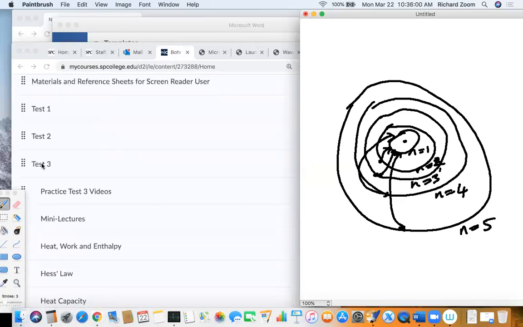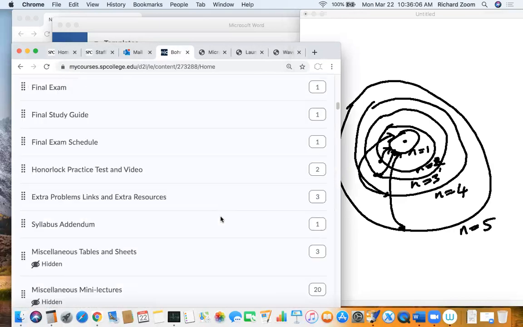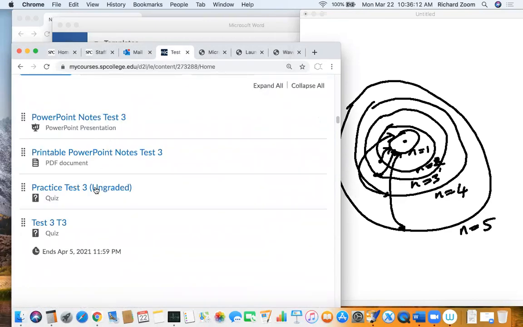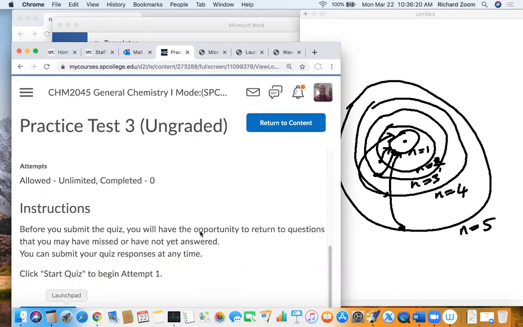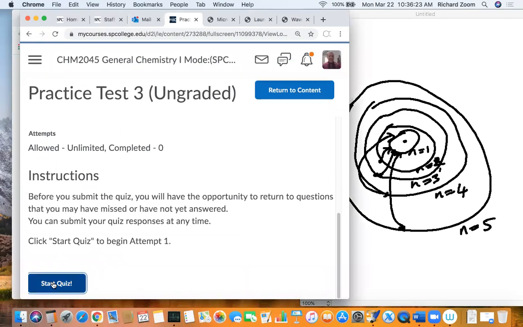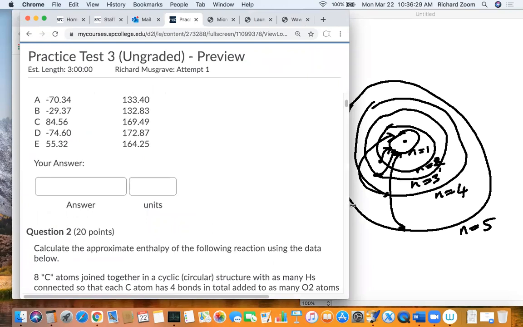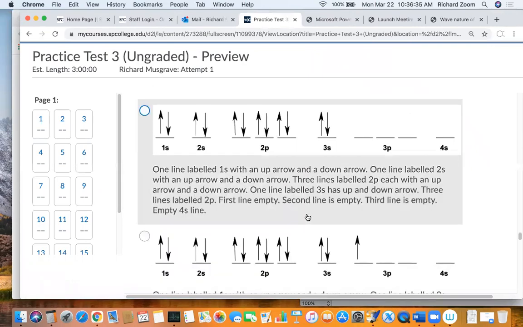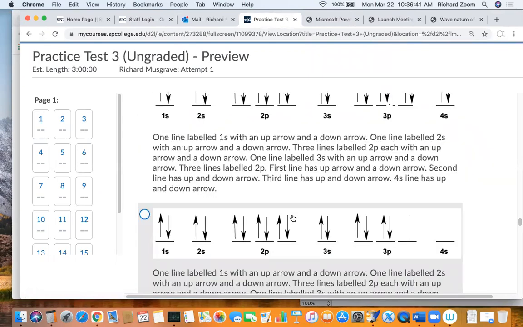Let's go back to test 3 here. Let's see if I can find the problems that relate to that.